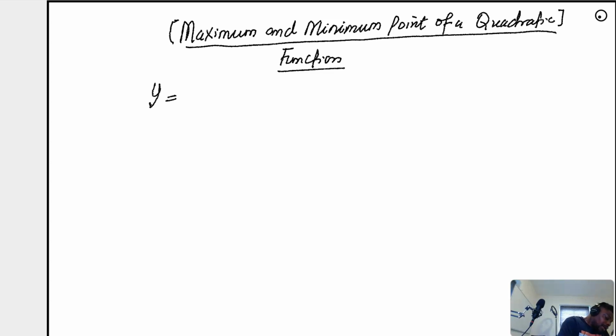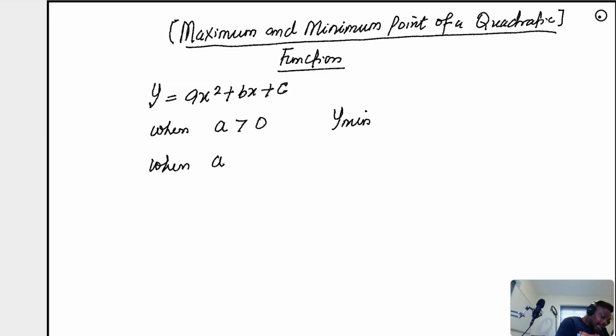Given y is equal to ax squared plus bx plus c. I've explained this in one of my previous videos, but I need to actually tell you here. When a is greater than 0, you only have the minimum point. When a is less than 0, you only have the maximum point.